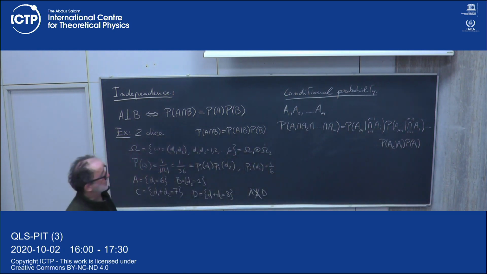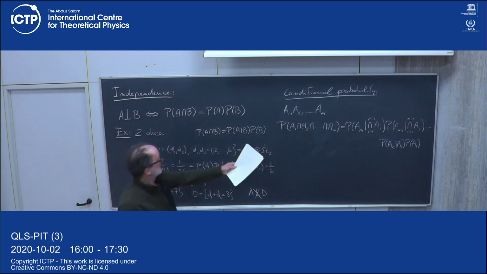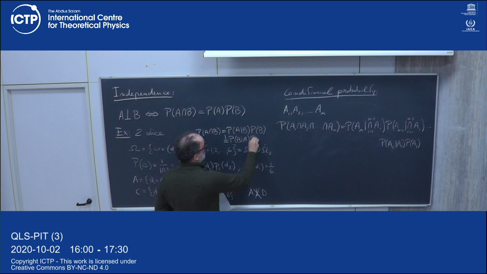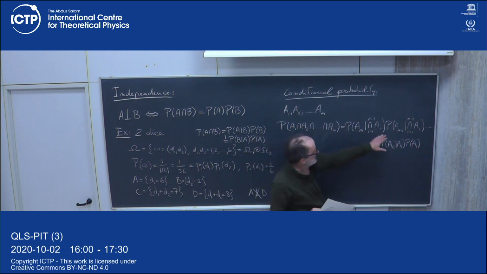Okay? So now of course, this equation, you can also write as the probability of B given A times the probability of A. And likewise, you can expand this expression in any possible order between these n events. Okay?